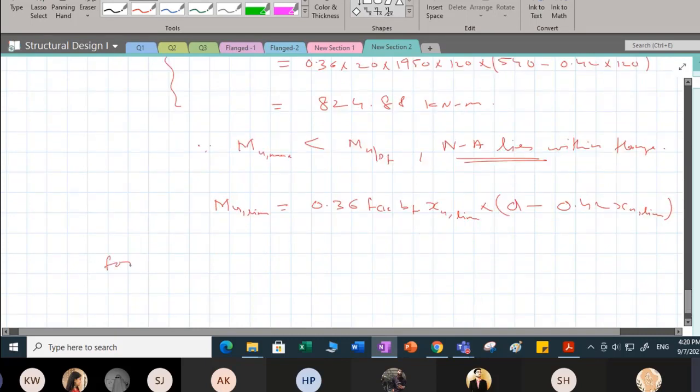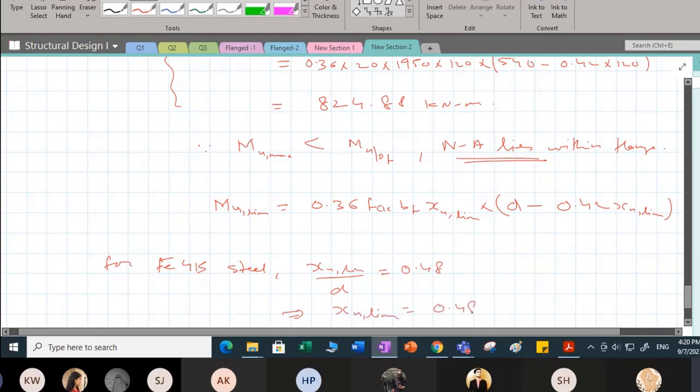For Fe415 steel, you know Xu,lim by D is 0.48. So from here, you can compute Xu,lim.